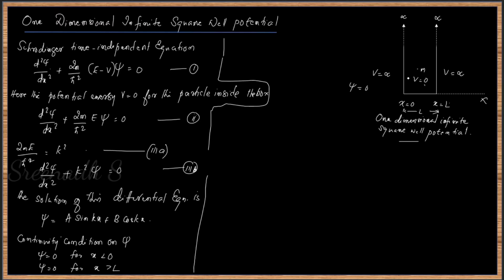Using the continuity condition: psi is equal to 0 outside the box, which means the particle will not cross the wall. That means at the wall also, that is at x equal to 0, the probability of finding the particle is 0, that is psi will be equal to 0.